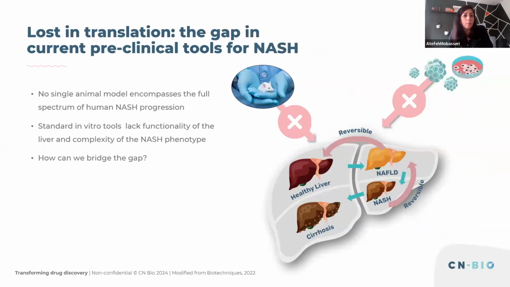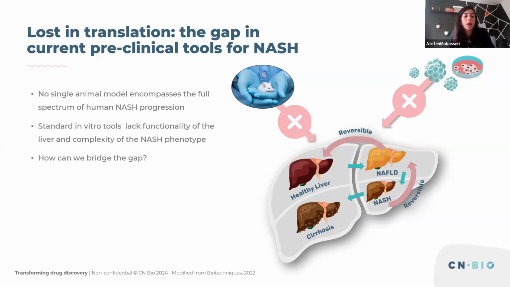The main reason that preclinical tools are not able to provide a good tool for pharmas to develop NASH therapeutics is, firstly, as I said, because human NASH is a very complex disease, no single animal model can fully show the spectrum of human NASH progression.